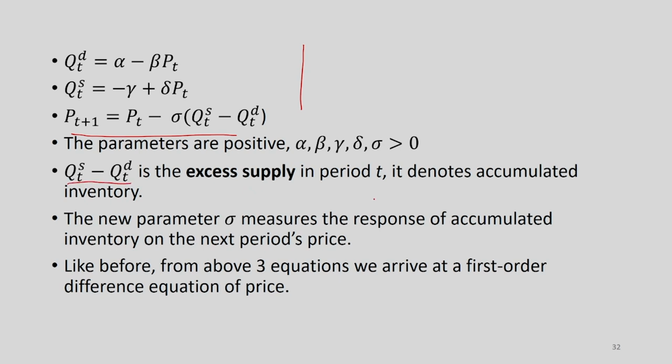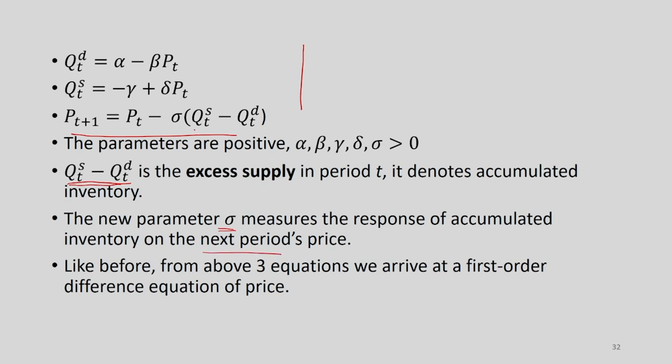This denotes the accumulated inventory, the part of the production that is not sold, that will go to the inventory. So, this is that accumulation of inventory, and the new parameter that we have introduced here is sigma. It measures the response of accumulated inventory on the next period's price. So, this is where the lag is coming.